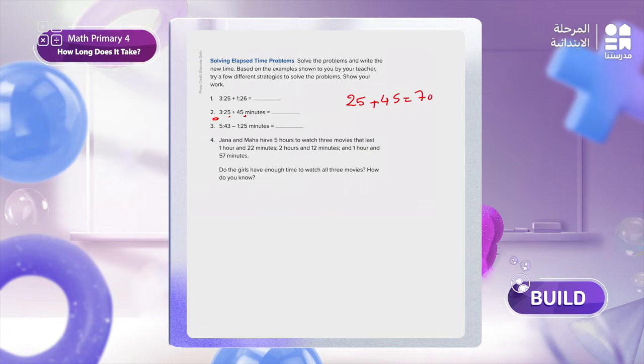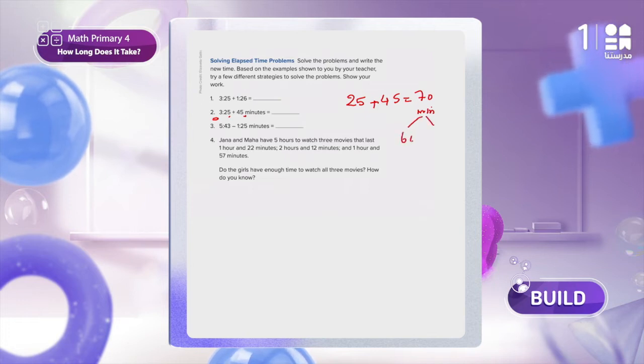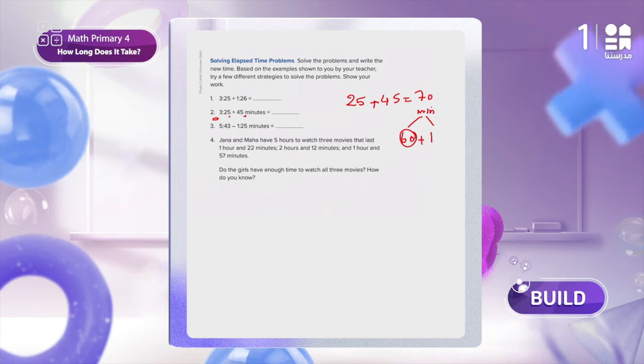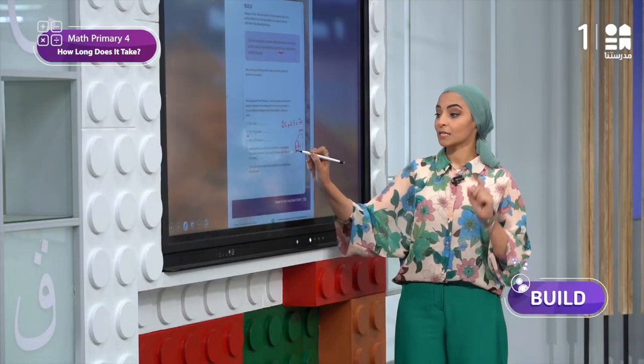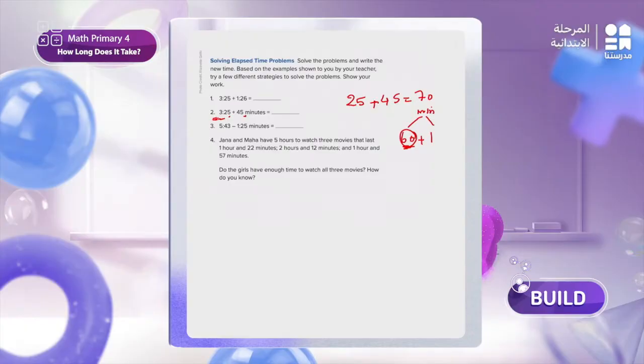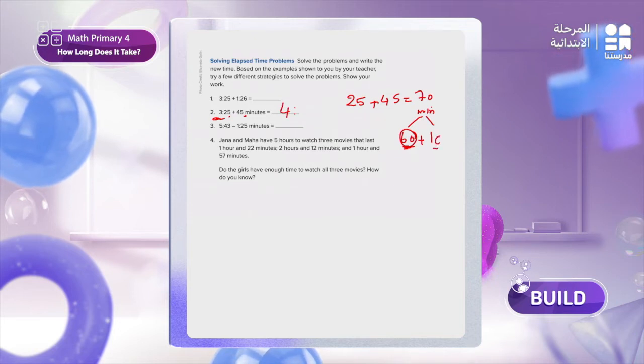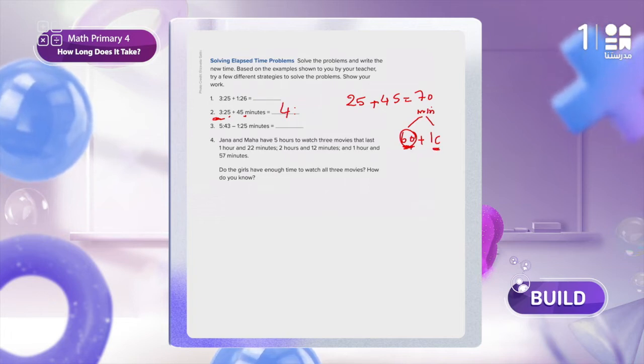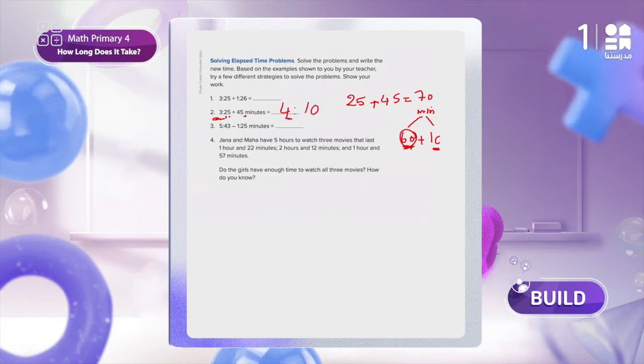Gives me 70 minutes. طب ال 70 minutes دي عبارة عن إيه؟ عبارة عن 60 plus 10. هو أنا ليه دايماً بعمل 60؟ عشان 60 معناها إن أنا عندي 1 hour, 1 more hour. يبقى هزود 1 hour على ال 3 hours to be 4 hours. وال 70 عبارة عن 60 plus 10، يبقى عندي 1 hour و 10 minutes. I add 1 hour to 3 بقت 4 hours and 10 minutes.